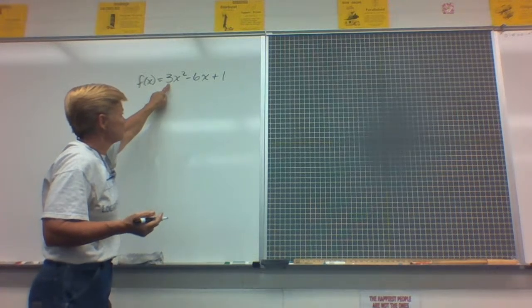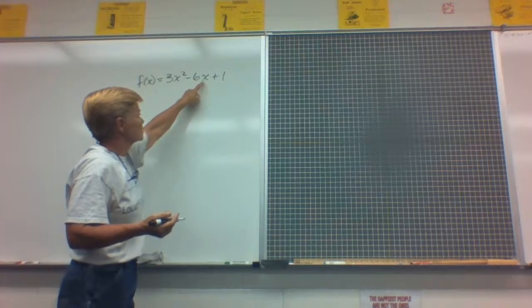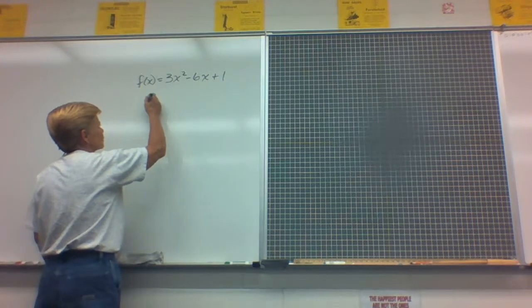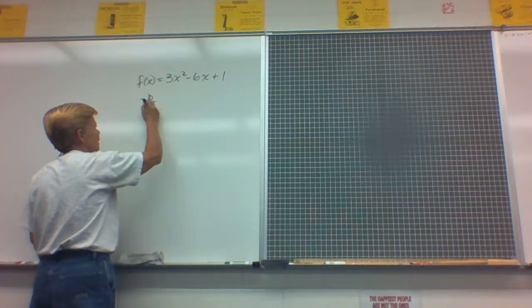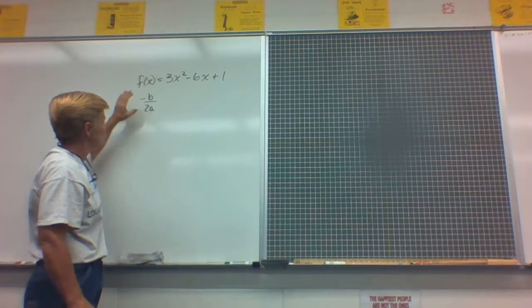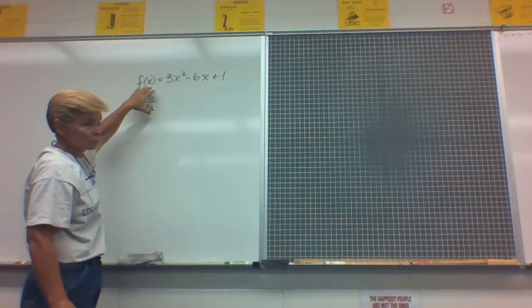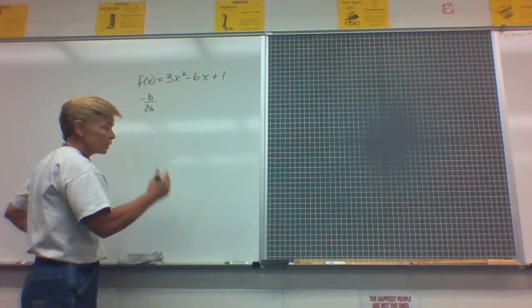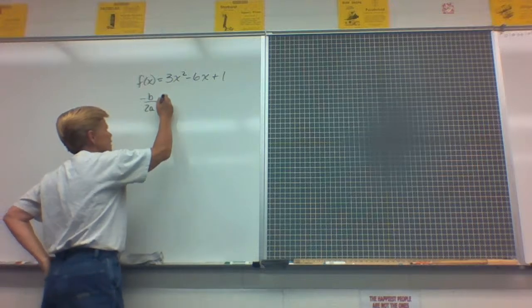First of all, A is 3, B is negative 6, C is 1. The x-coordinate of the vertex is negative b over 2a. That's what I'm going to find first. And I highly recommend that every time you're looking for this, you write that formula down, every time. So then you'll memorize it as you go through. You don't have to work at it to memorize it.